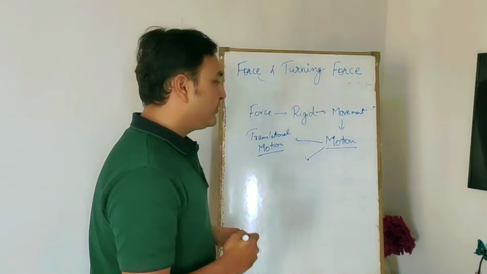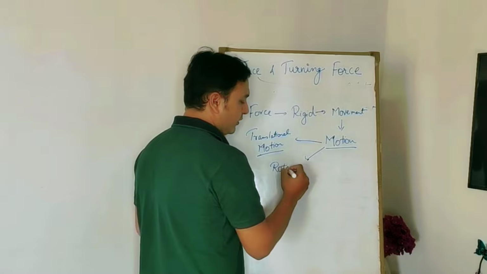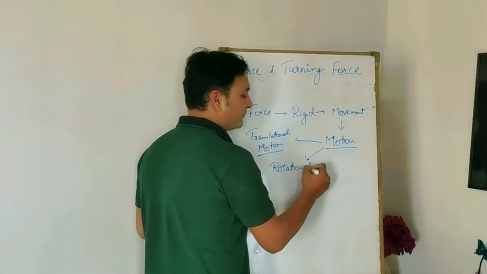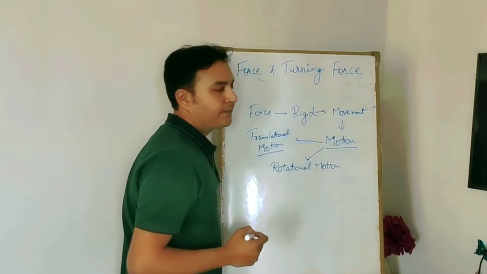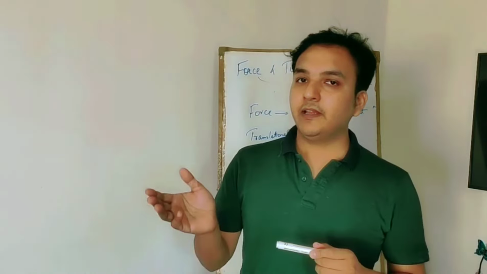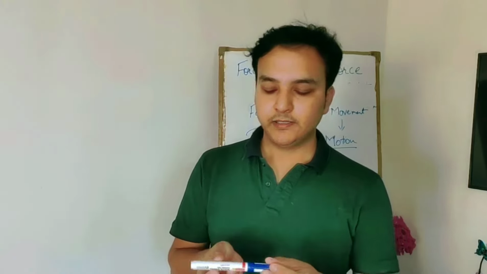Alright. Now the second motion can be a rotational motion. Now what is rotational motion? When we apply a force and the body starts rotating on a fixed axis. This is known as rotational motion.